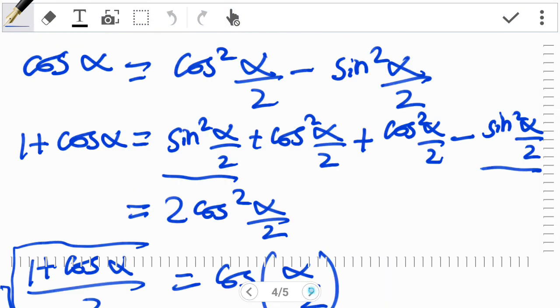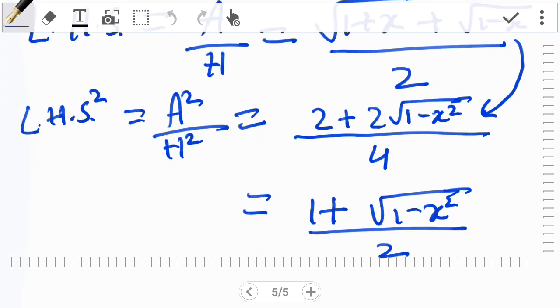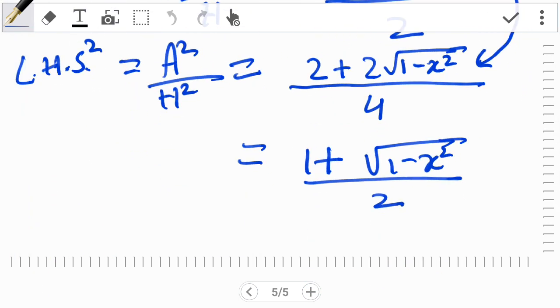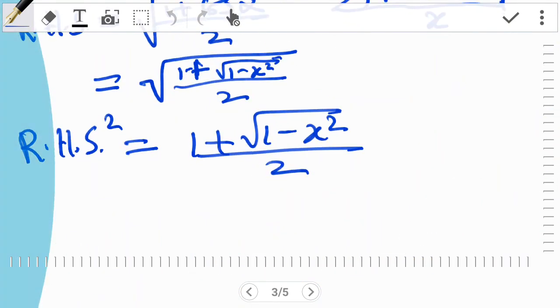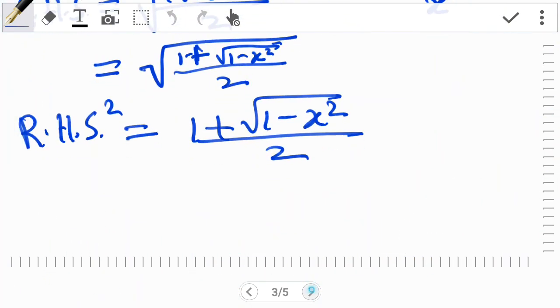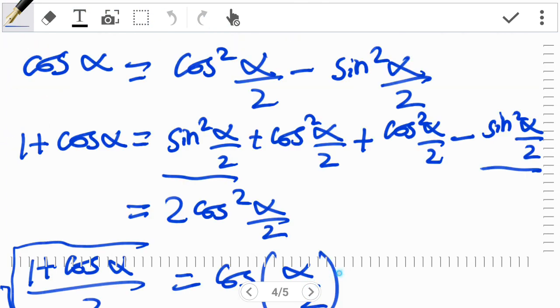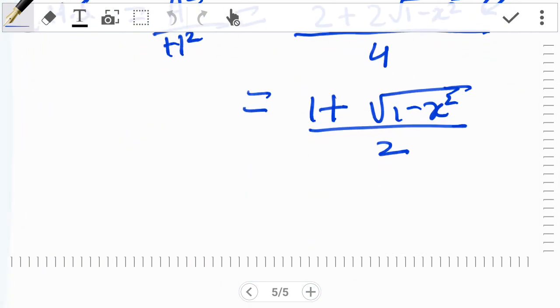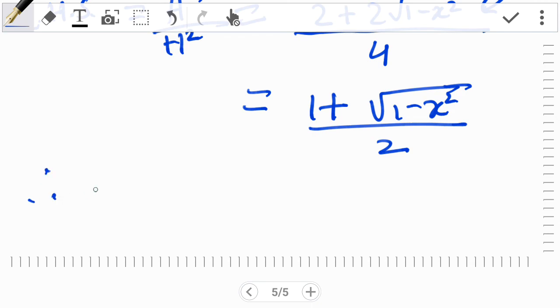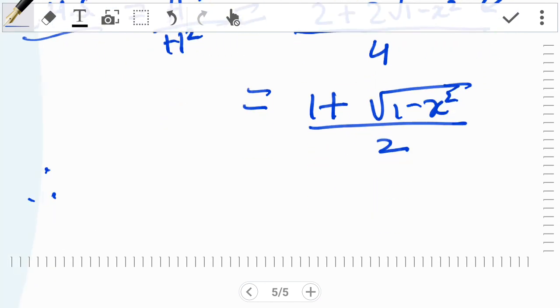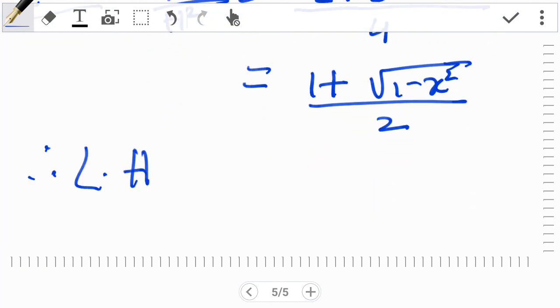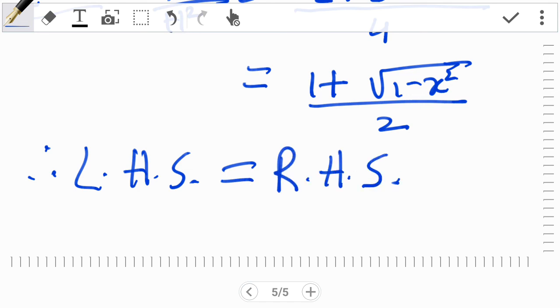So we know that RHS squared is just the same as LHS squared, correct? These two expressions are the same, right? So in this way we can prove that LHS is equal to RHS. Therefore, since LHS squared is the same as RHS squared, we can prove that LHS equals RHS.